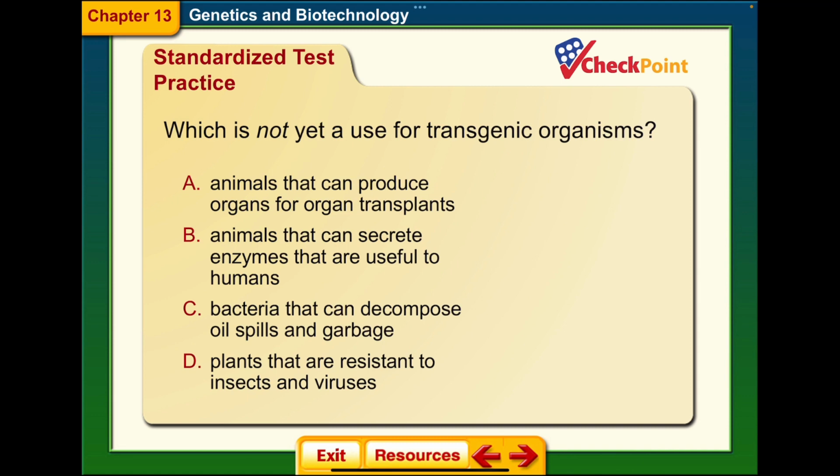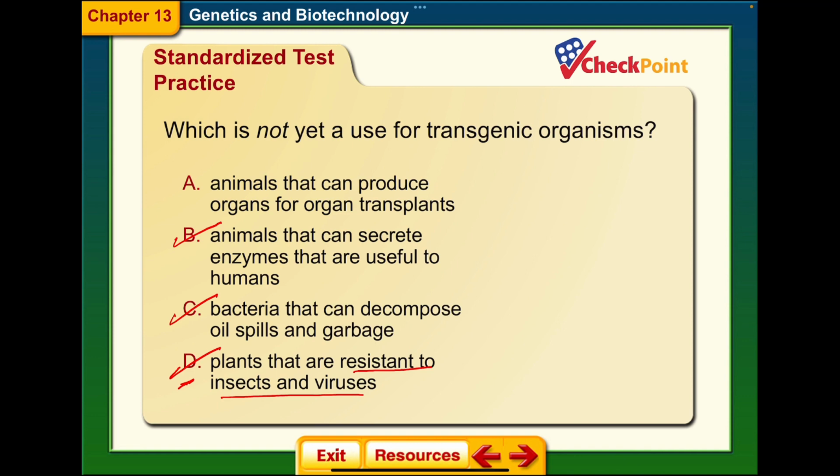And you'll find that we can make plants that are resistant to insects and viruses. So that is possible. And we can create bacteria that decomposes oils and garbage. We can do that. We also created animals that secrete enzymes that are useful to humans.